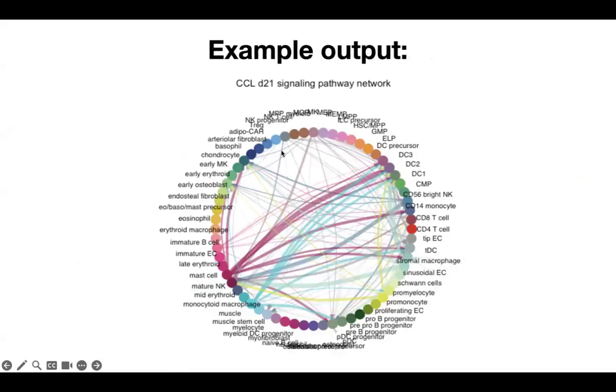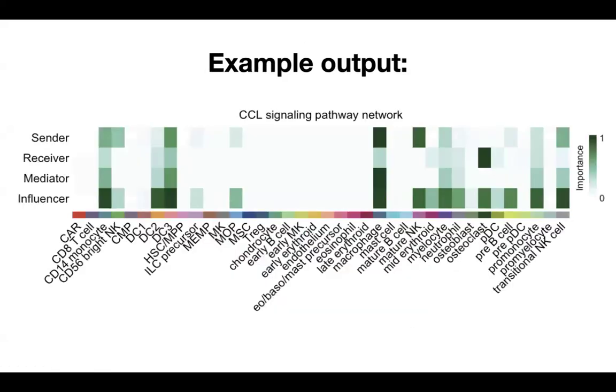So here's an example output for the CCL signaling pathway network. This D21 right here is just indicating that this is a disomy 21 individual. The dots around the outside of this plot are the different cell types, and then again, these different connections between the cell types are the different edges.